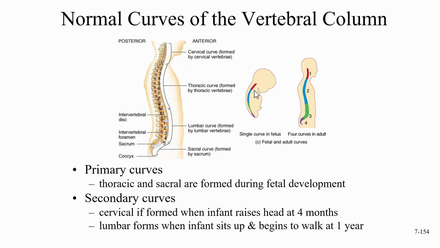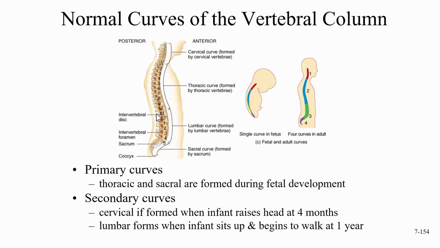Okay, and so looking at the mature spine here, we have a cervical curve that dips inward. We call that a lordotic curve. We have the thoracic curve that bows outward. We call that a kyphotic curve. In the lumbar region, we have another lordotic curve, and in the sacrum, a kyphotic curve.